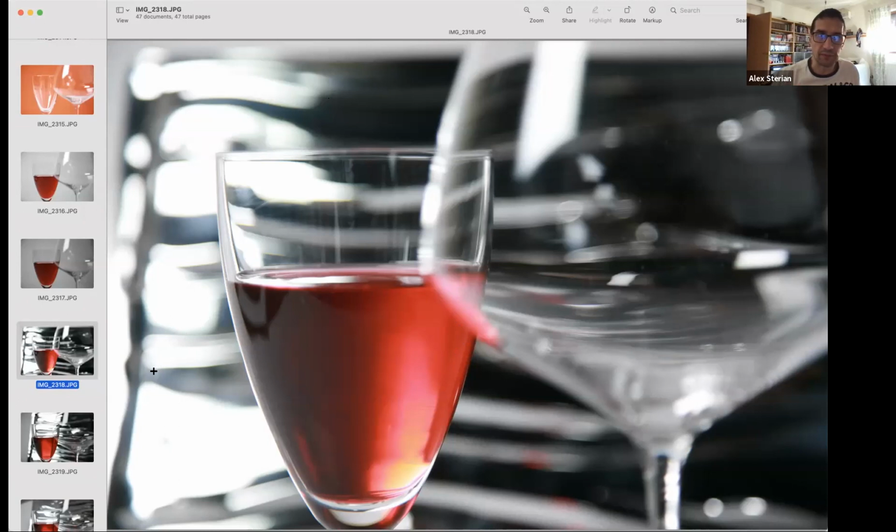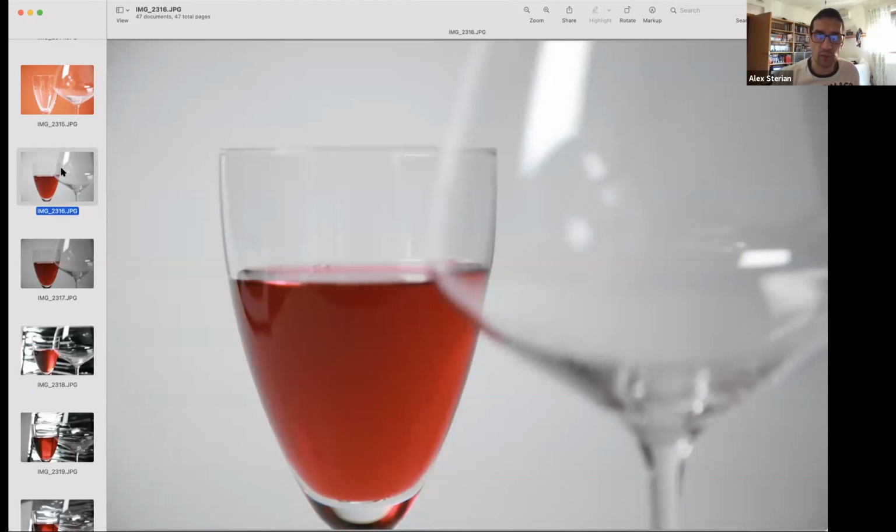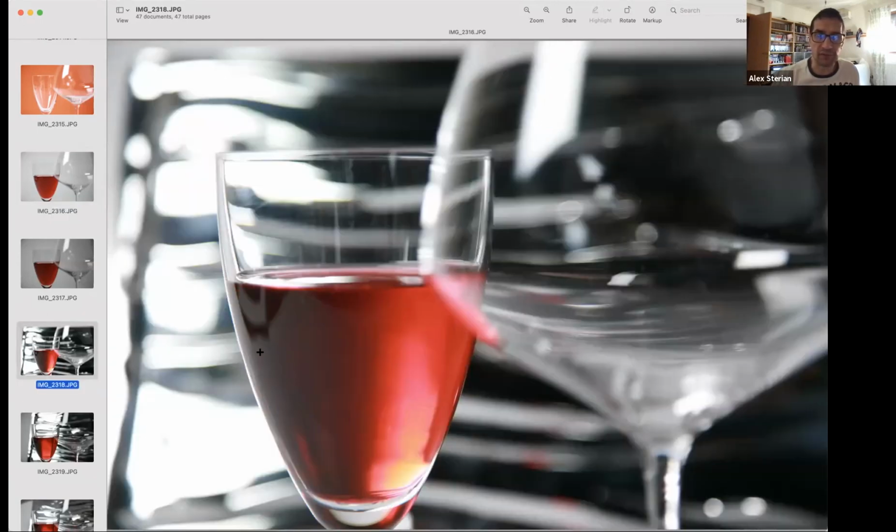This kind of situation, in my opinion, looks more appealing than this one, when we don't have the volume of the liquid and the representation of the color, different saturation of this liquid.